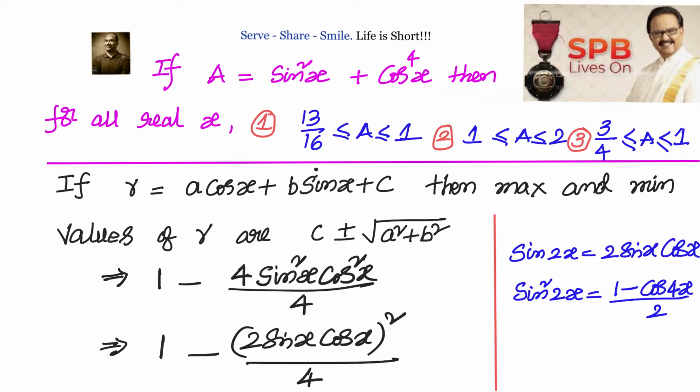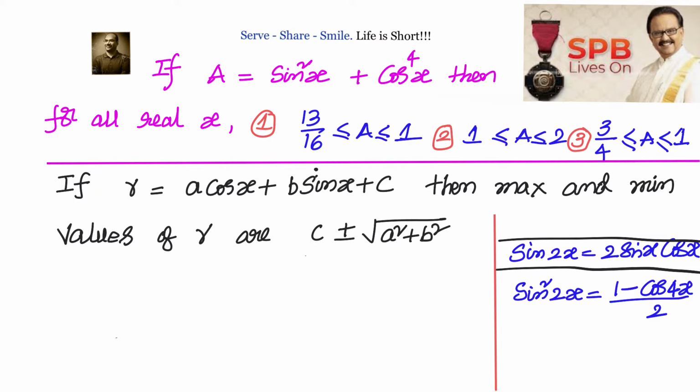But we know sin 2x equals 2 sin x cos x, so we can change this to sin 2x in the next step. That equals 1 minus 1 by 4 into sin square 2x. We are a little bit better compared to our starting point where we had powers 2 and 4. We are able to make it into 2 now.